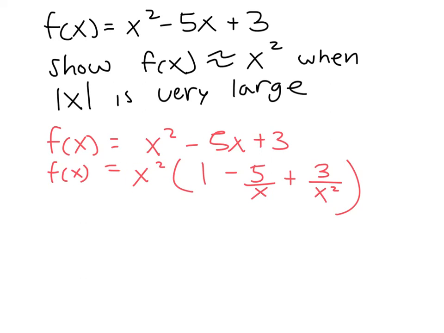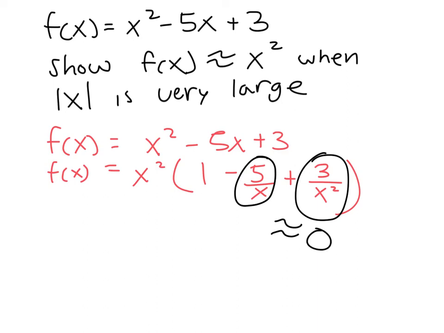Okay, so say x is getting really big. Say x is getting so big that this term becomes 5 divided by 100,000. That's a really small number, right? And this term is 3 divided by a million, right?